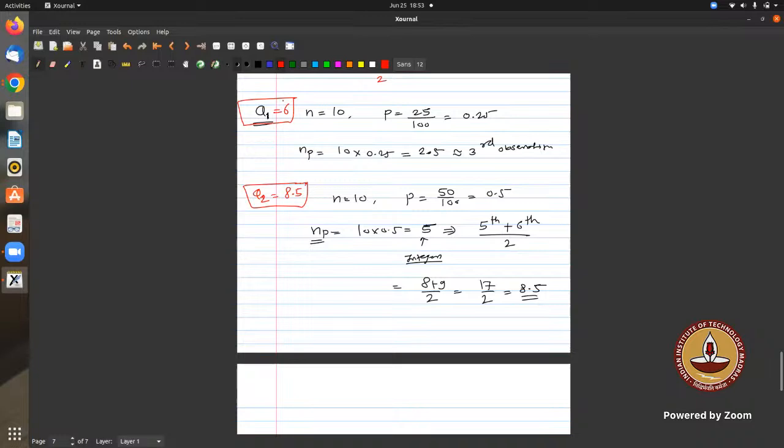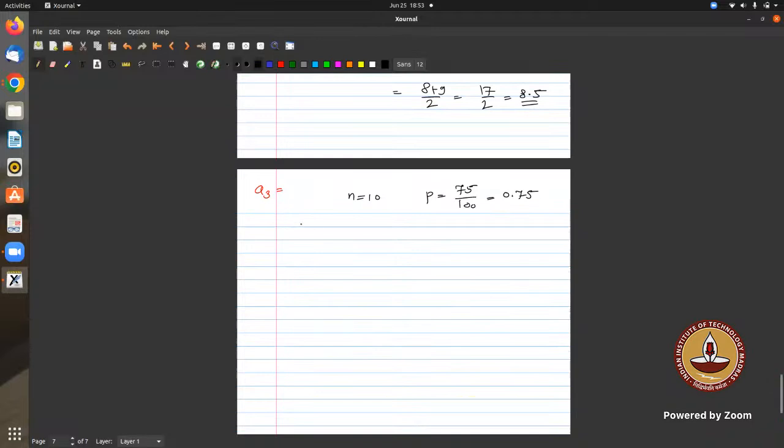Let's go ahead and find the next point in the 5-number summary, which is Q3. To find Q3, n equals 10 and p equals 75 by 100, which is 0.75. The product n into p is 10 into 0.75, which is 7.5.